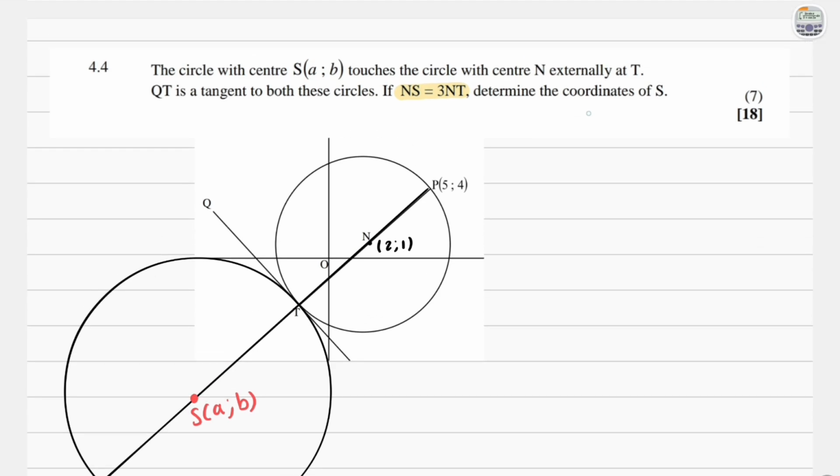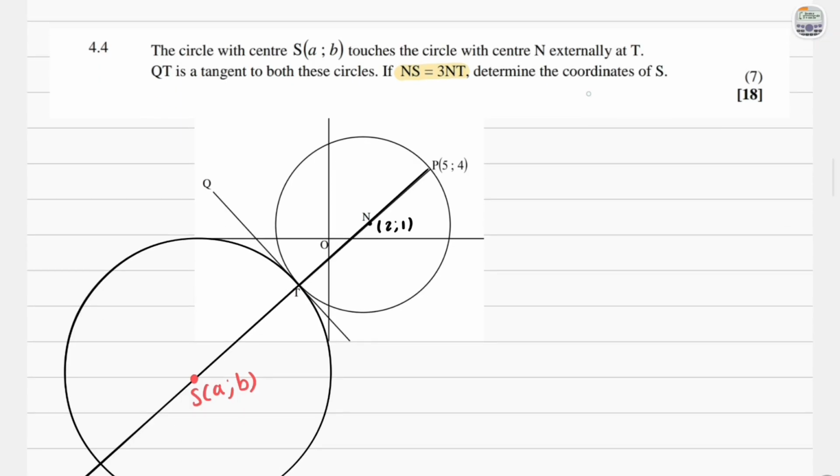Let's see a simple way that we could find, not really simple, it's still steps that we have to take. How could we find S? The thing with S is we can probably use distances, but S(a, b) does not have the same coordinate values. So you see with the distance formula, if you're trying to find a missing coordinate, it's easier if that coordinate has the same x and y value, because it would mean that it would just be in terms of the same variable.